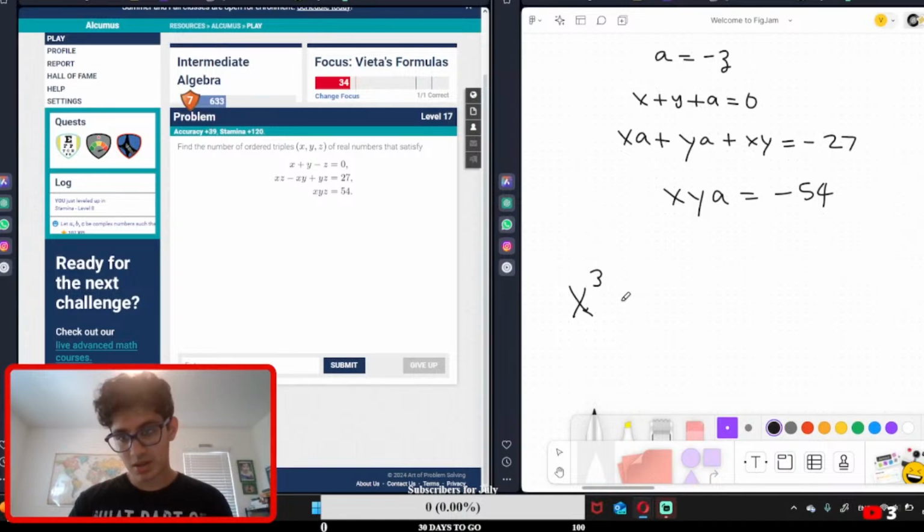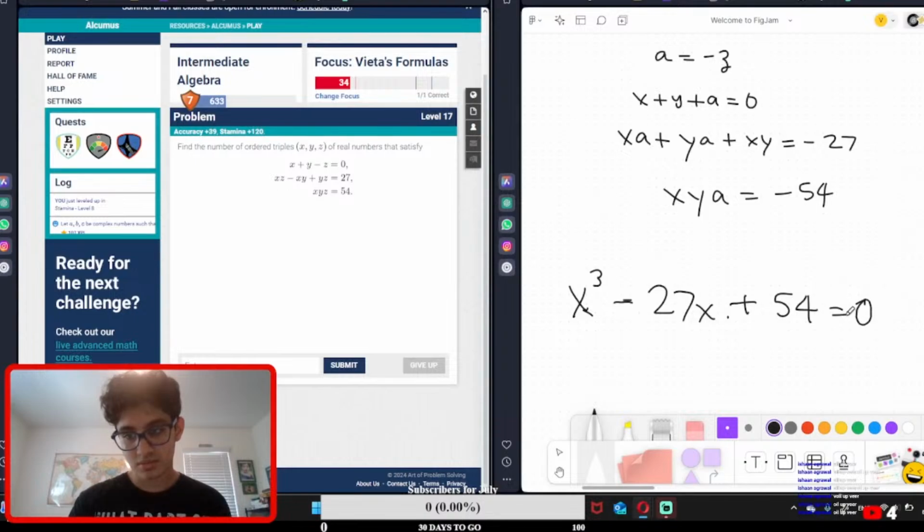We'll have minus an x squared term plus the x term, so it'll be minus 27x unless I'm wrong. And then it will be minus that, and then it will be plus 54 equals 0.